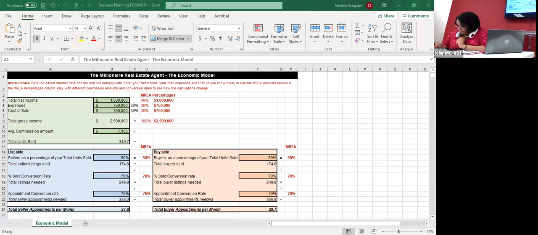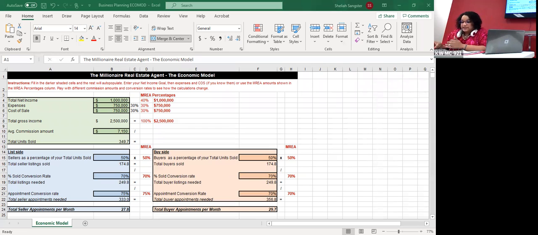So it says on page 3.15, my business plan economic model, begin by writing your net income goal. You're beginning with the end in mind. Divide net income by 40% or 0.4 to calculate your GCI, and you're going to write that number down.